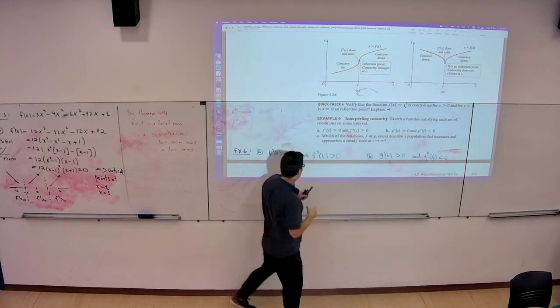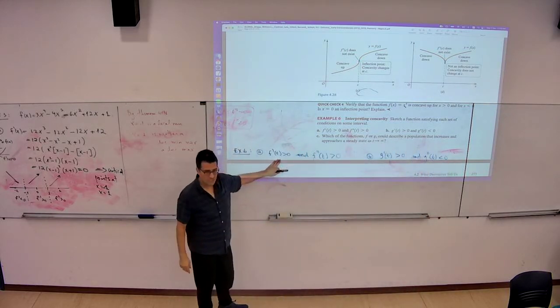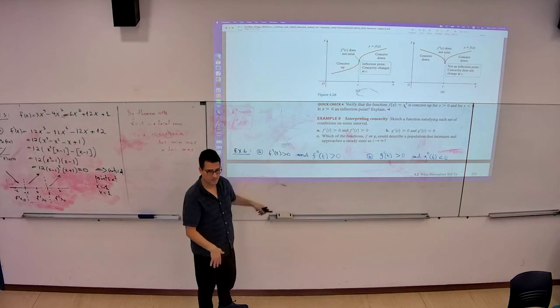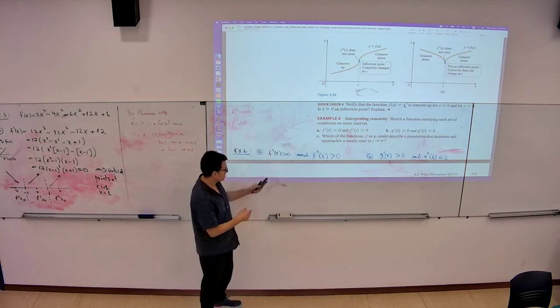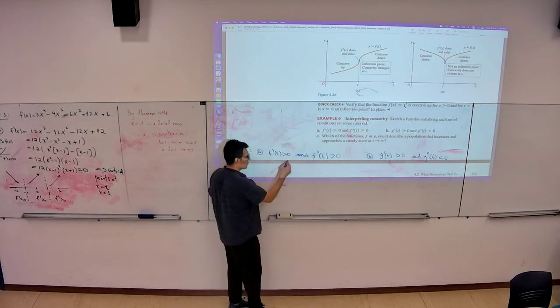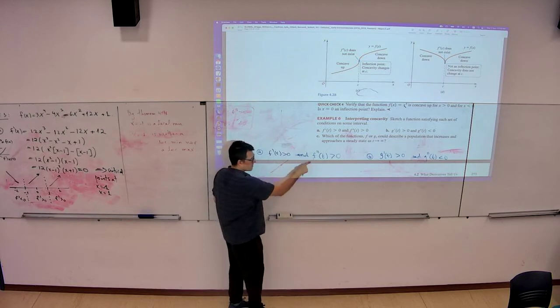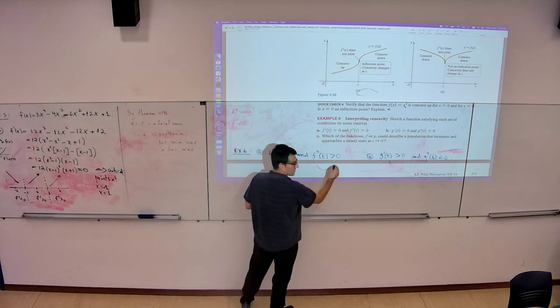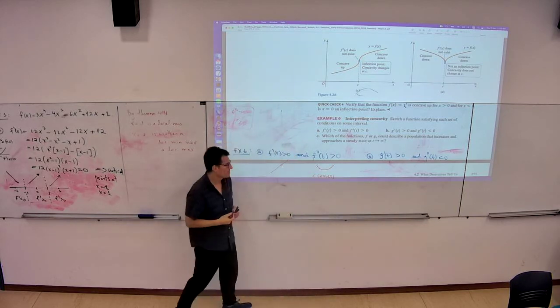What does f prime tell you about whether the function is increasing or decreasing? This condition tells me that the function goes upward. What about that one? Is it happy or sad? It's happy. It's concave up, or convex.